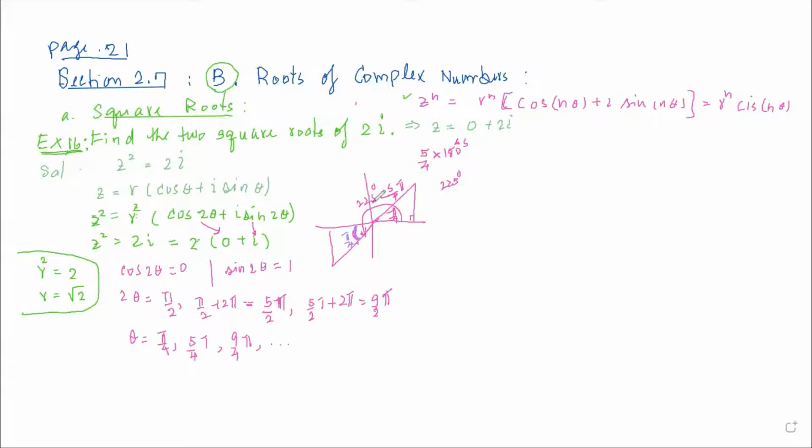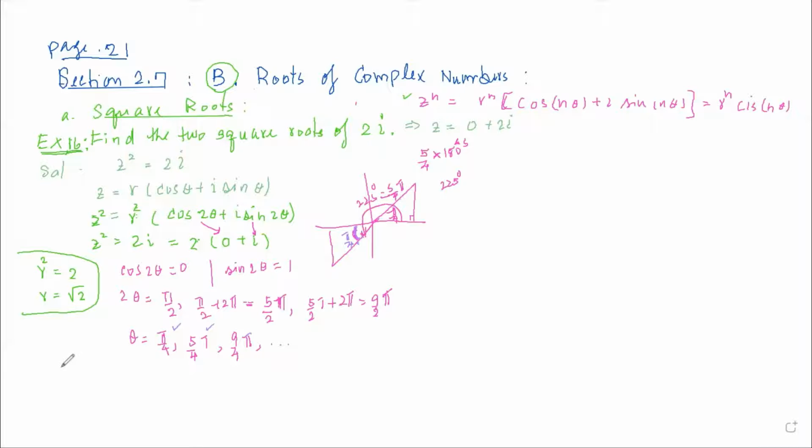So they keep repeating. So we just take only the first two thetas, which is enough, because for 9 over 4 pi, they will drop in the same arm here. And if you go to the next rotation, they will drop in this one again and repeat. So we get the first thetas only.